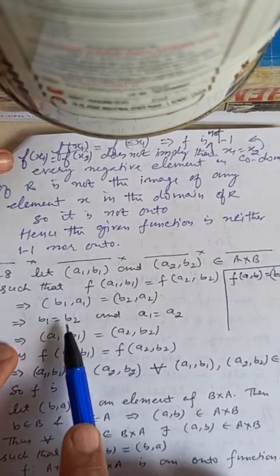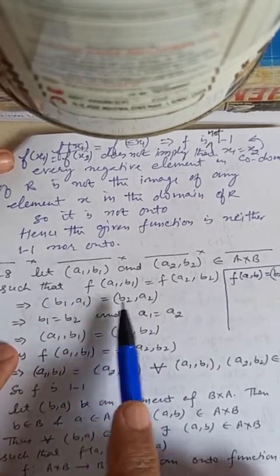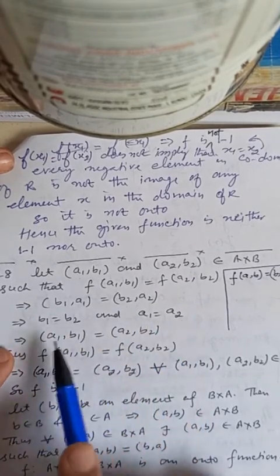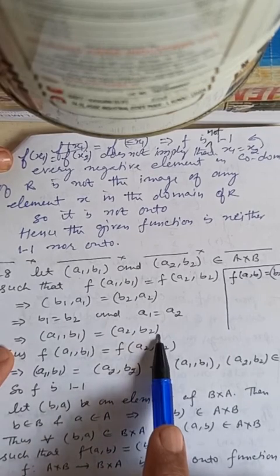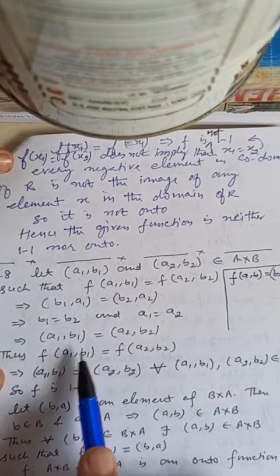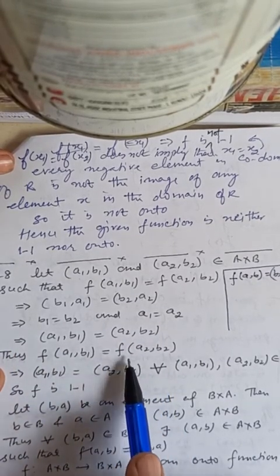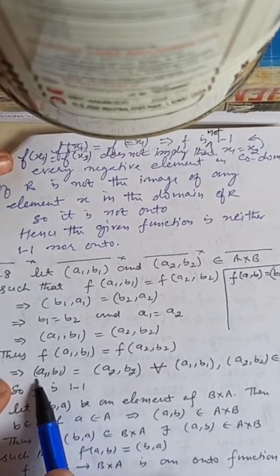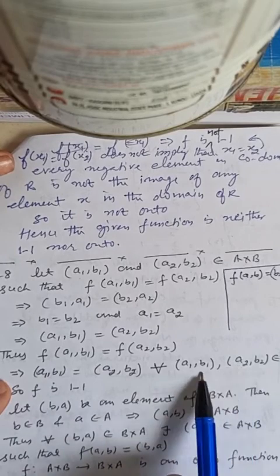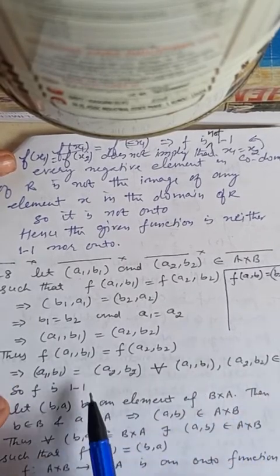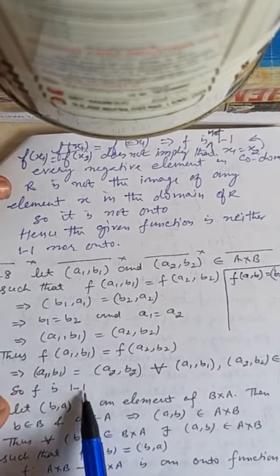That is b1 = b2 and a1 = a2. This implies (a1, b1) = (a2, b2). Now f(a1, b1) = f(a2, b2) implies (a1, b1) = (a2, b2) for these two elements belonging to the domain. So the function is 1-1.